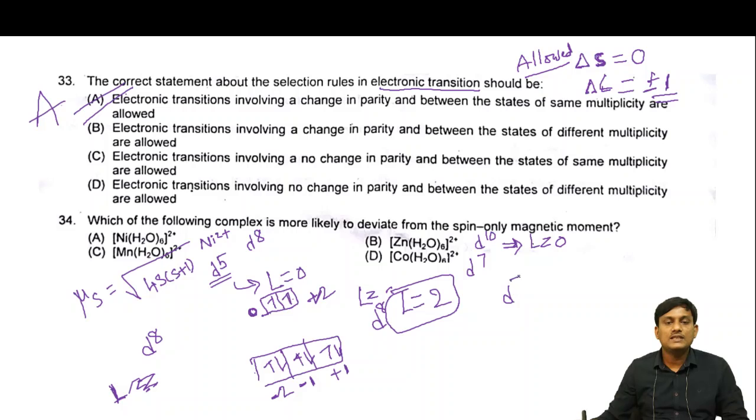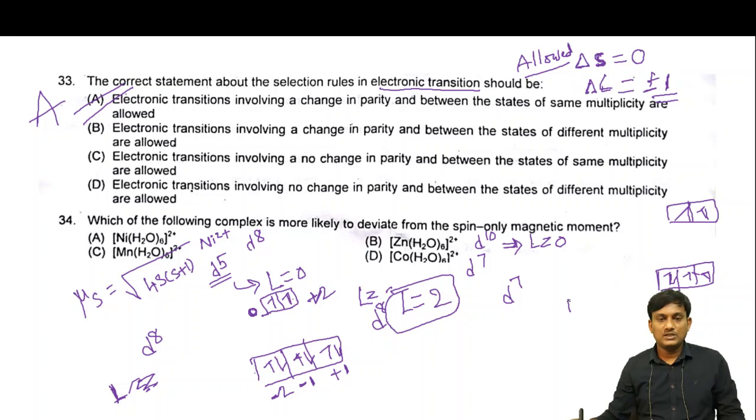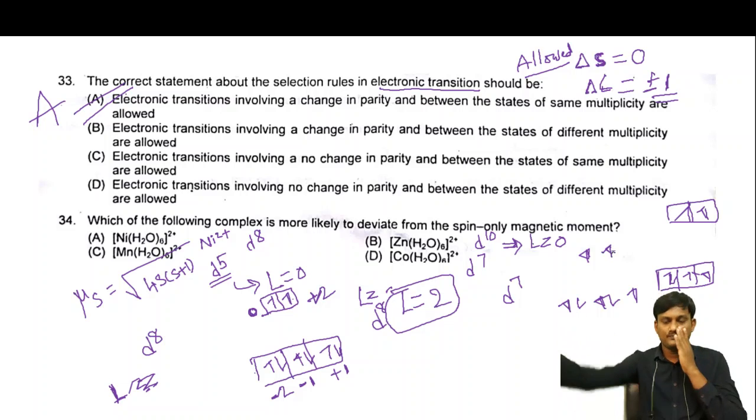If you take d7, this is the arrangement of electrons: 1, 2, 3, 4, 5, 6, 7. So this is the arrangement: 2 electrons here, 2 electrons here, and a single electron, single electron and single electron.